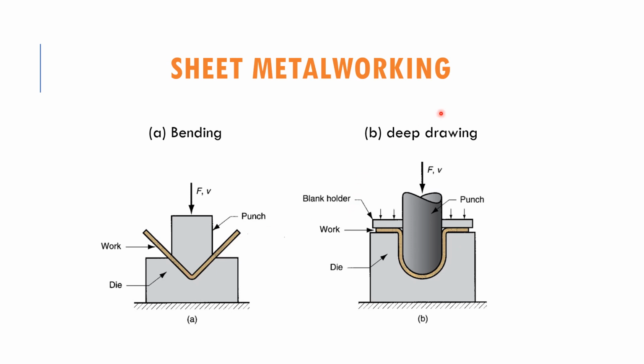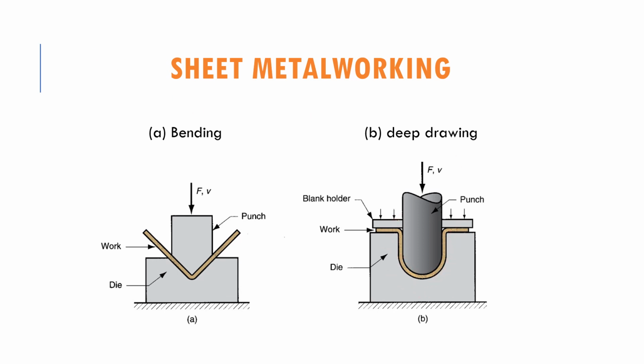Okay, the next one is deep drawing. So the sheet metal will be punched inside the die here, and when it comes out, it will become the shape of the die here.